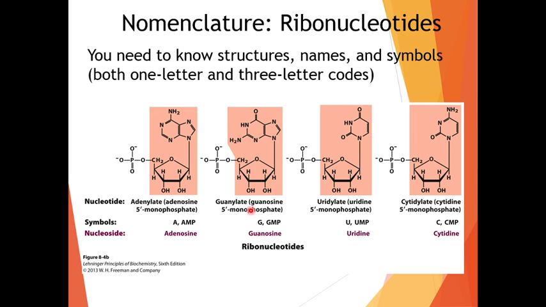Nucleotide is guanylate or guanosine 5' monophosphate, G or GMP. Uridylate, which is uridine 5' monophosphate, or UMP, and cytidylate, cytidine 5' monophosphate, or CMP, or cytidine, which is the nucleoside. So as you can see, the difference between a nucleotide name and a nucleoside name is slightly different. And please remember this.